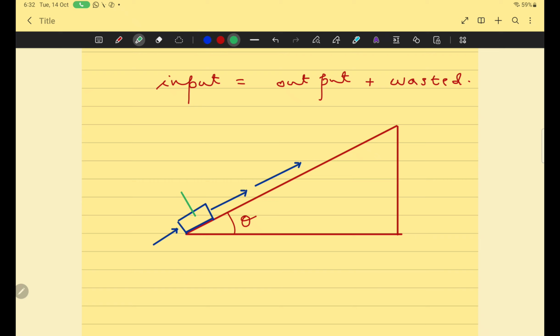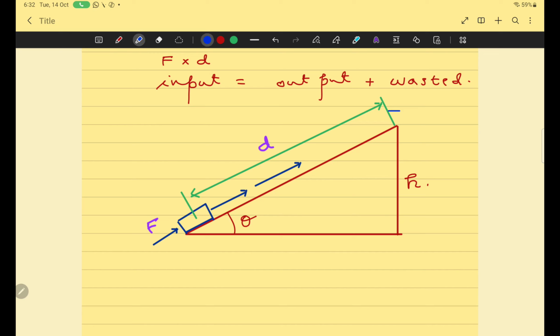Consider the length of the slope is d, the height of the slope is h, making angle theta, and you are exerting force F, and you are doing work on the block by displacing d. So the input is F into d.